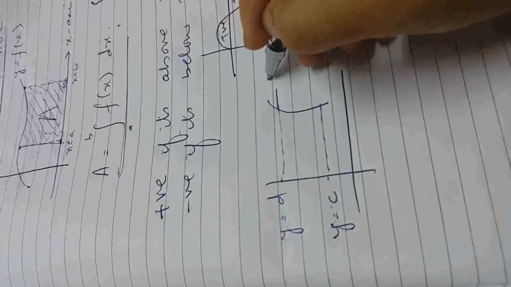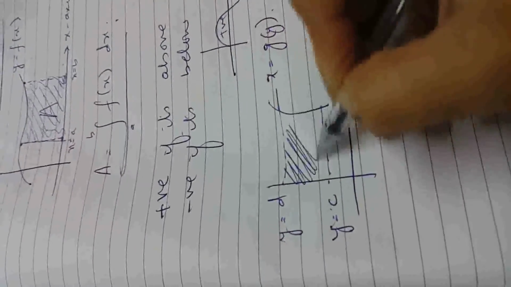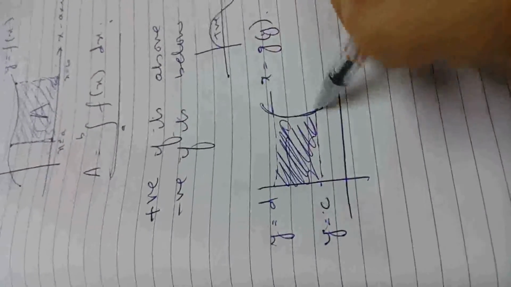Since it is between the curve and the y-axis, let's assume that your two lines are y is equal to c and y is equal to d. Let's call this curve x is equal to g of y, and now you have to find this area which is between the y-axis and this curve.